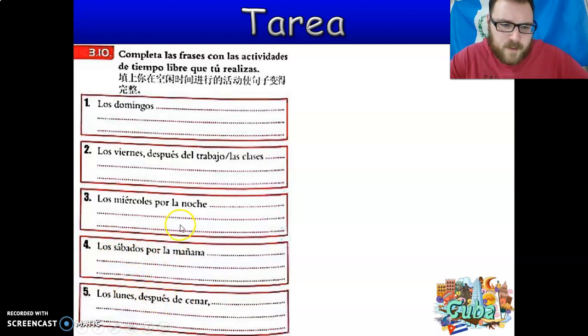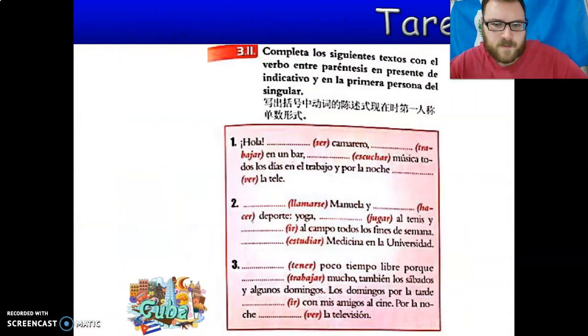So miércoles por la noche, Wednesday night, sábado por la mañana, Saturday mornings, and Mondays after dinner. So what do you do during these times? Of course you use the yo form because you talk about yourself.